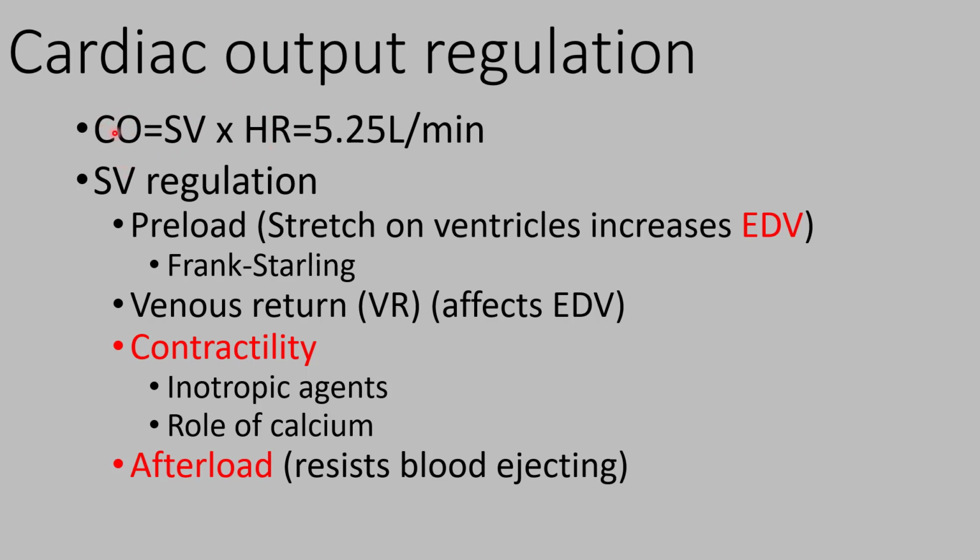Cardiac output, the volume of blood leaving a ventricle in 1 minute, is equal to stroke volume, the volume of blood leaving a ventricle in 1 beat, times heart rate, the number of beats per minute. So cardiac output, the units are either liters per minute or milliliters per minute.